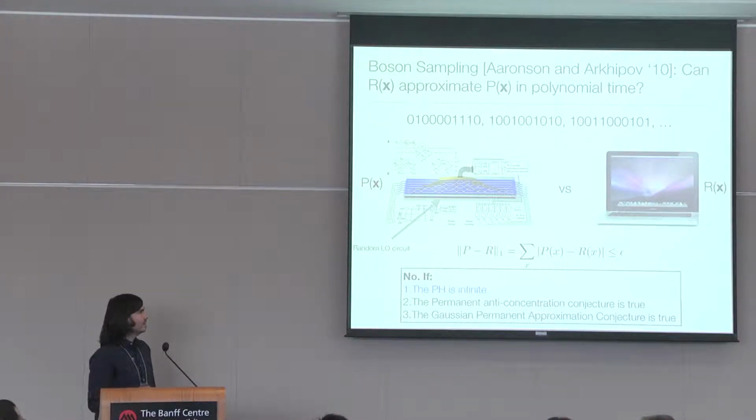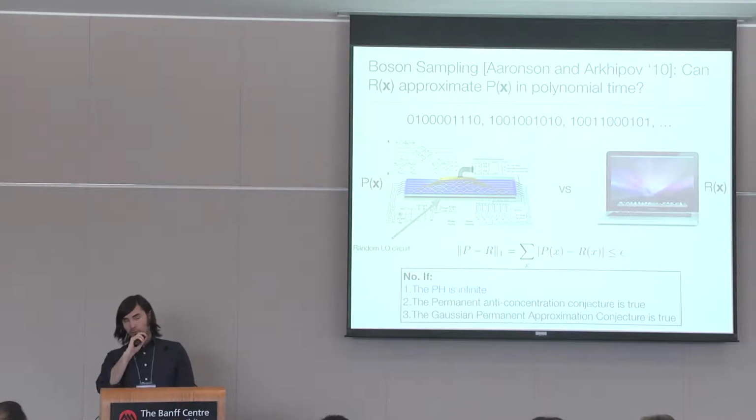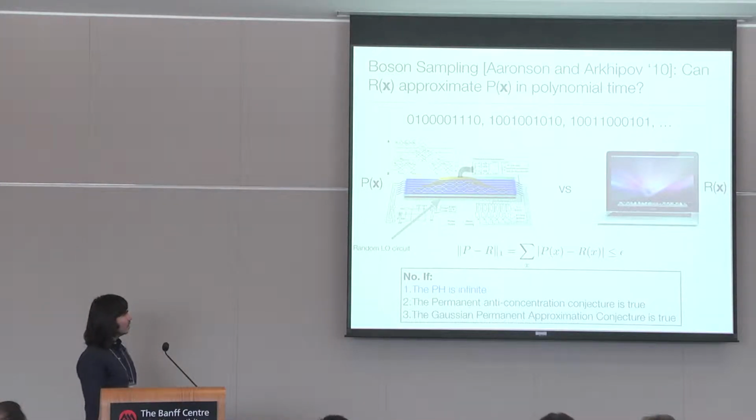What is the protocol? Well, it's pretty straightforward in one sense. This is a picture I took from the O'Brien group's recent paper published in Science, where they ran a Boson sampling experiment on 6 photonic modes. So how does Boson sampling work?